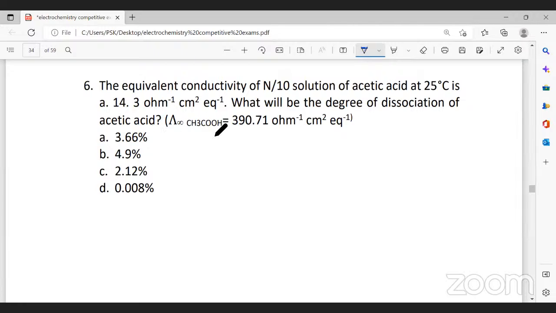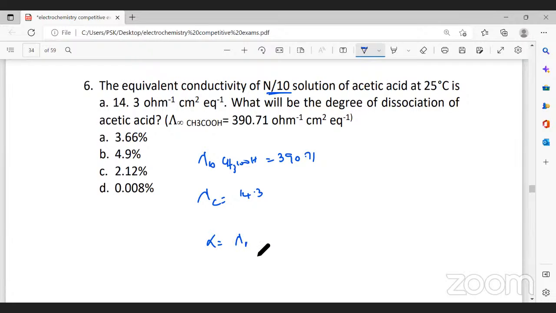They have given lambda infinity of acetic acid as 390.71, and lambda at a particular concentration, 0.1, they've given lambda C as 14.3 per ohm centimeter square per equivalent. What is the degree of dissociation?